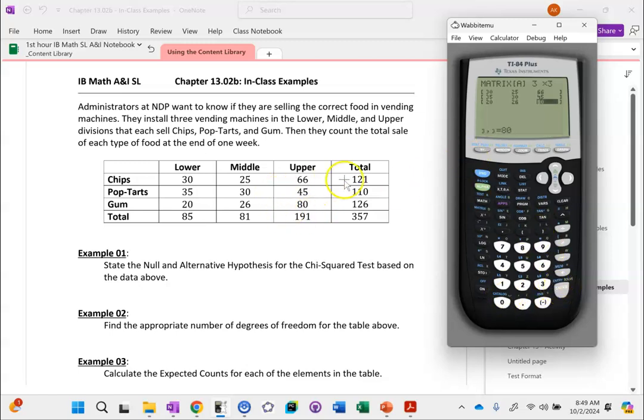So I went ahead and entered in my observed counts table. Now I'll do stat tests, and I'm going to scroll down till I find the chi-squared test. The independence test doesn't have GOF on it. Do I have to do that?